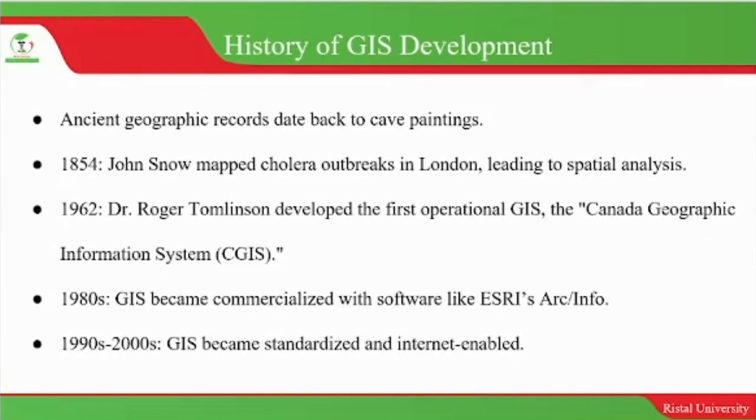But after John Snow mapped the cholera outbreak in London, spatial analysis started coming, where they mapped different cases, individual by individual, going deeper.